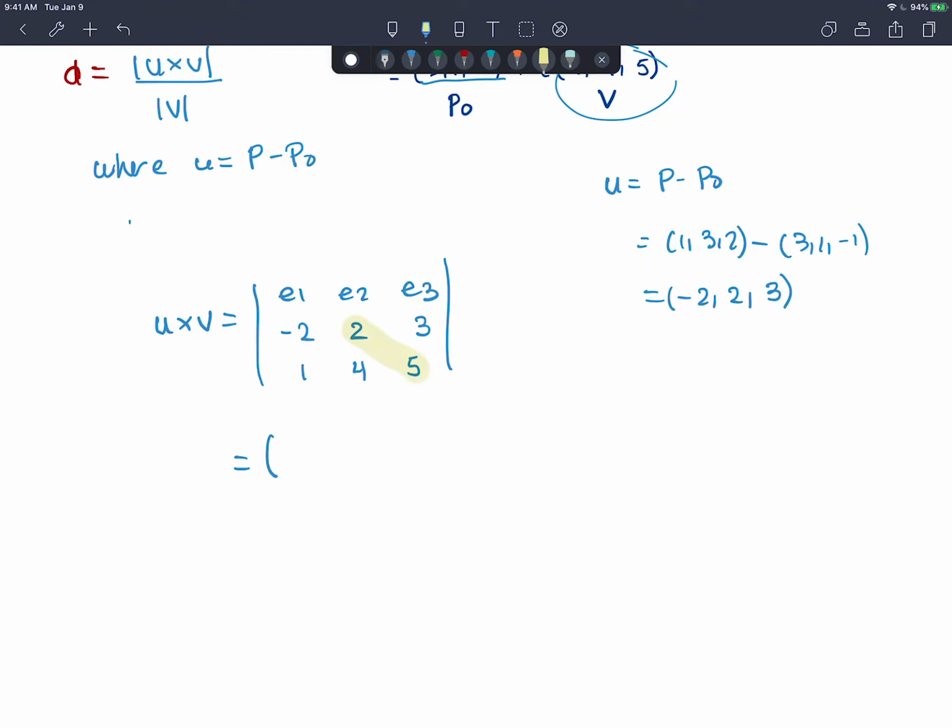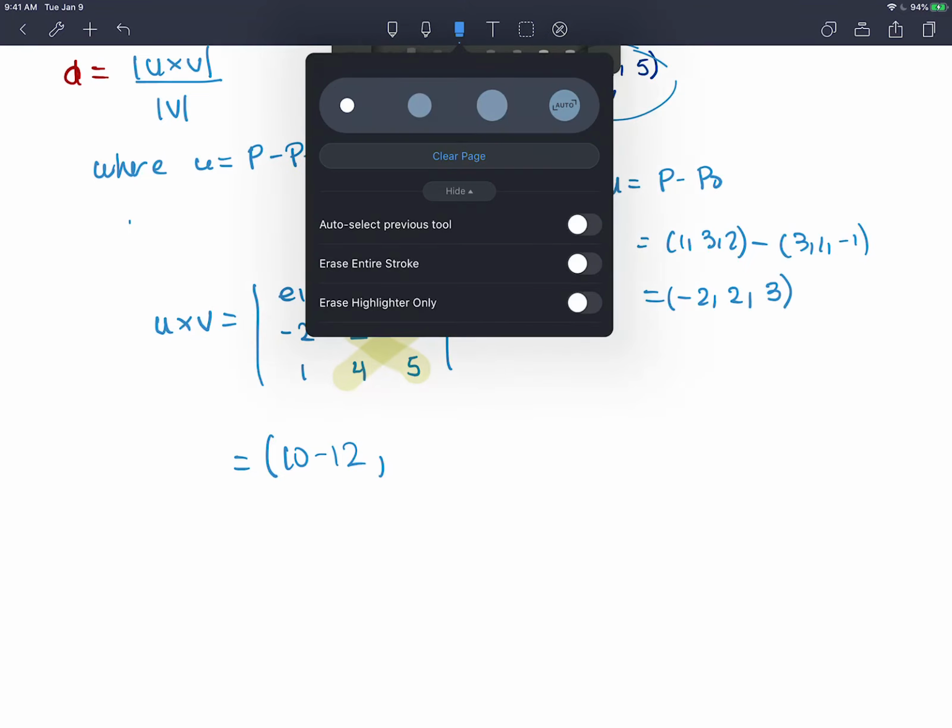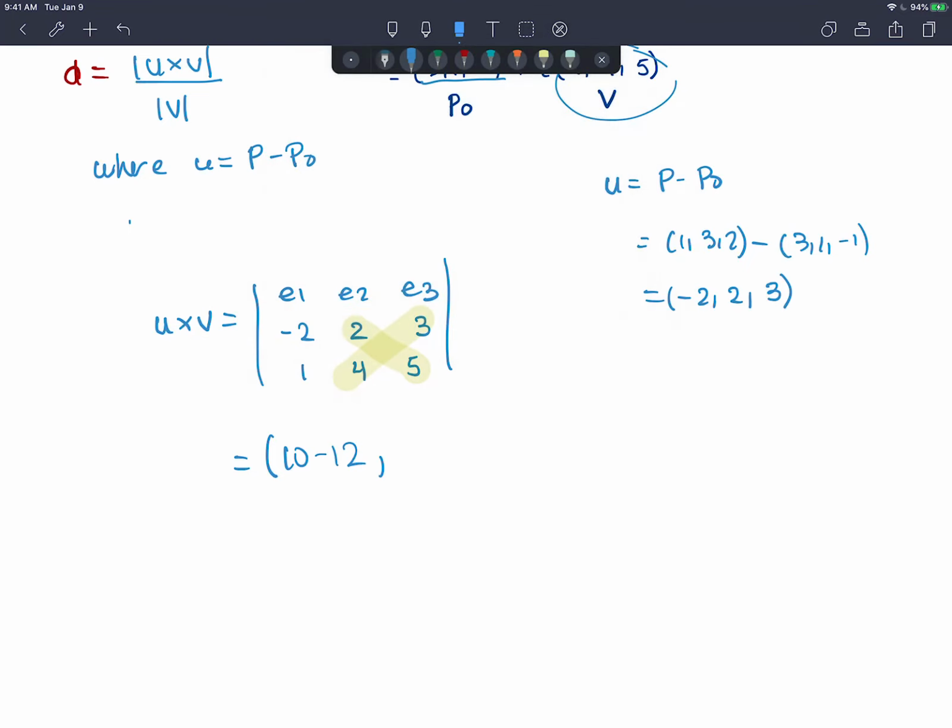If I do 10 minus 12, let's write that down, 10 minus 12.